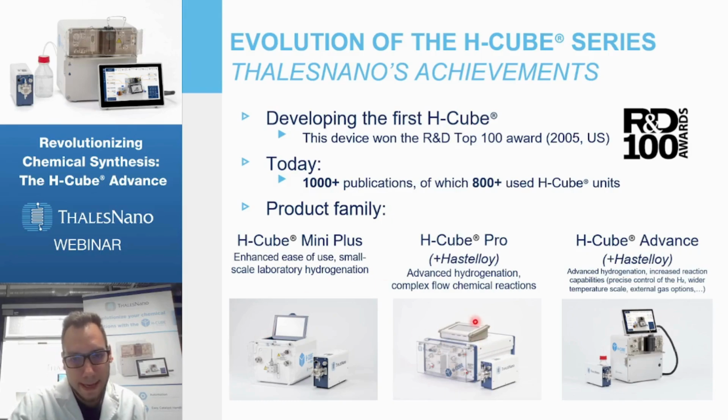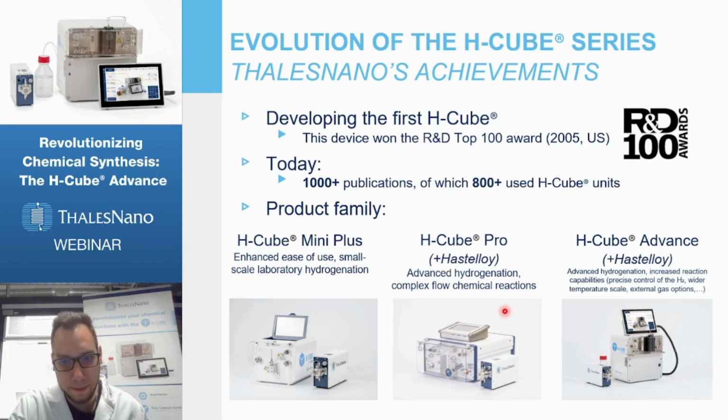And then we have the H-Cube Pro, which even last year was the market leader instrument, and which allows a little bit more complex experiments. It has double the hydrogen capacity, so it contains 2 electrolysis cells capable of producing twice as much hydrogen compared to the Mini Plus.